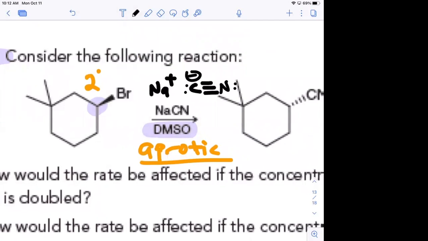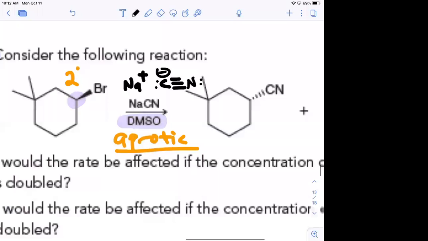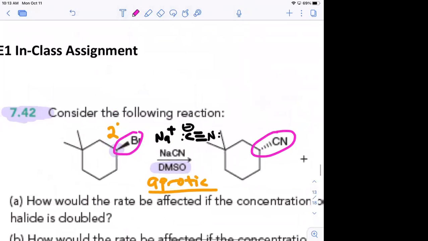What we also notice is right here, do you see how that bromine is on a wedge and the cyanide over here is on a dash? So what that's called is, and I'm going to give you a little crash course in stereochemistry. Stereochemistry is 3D.